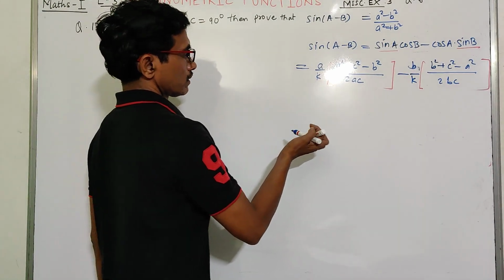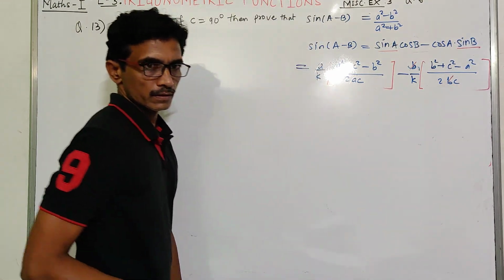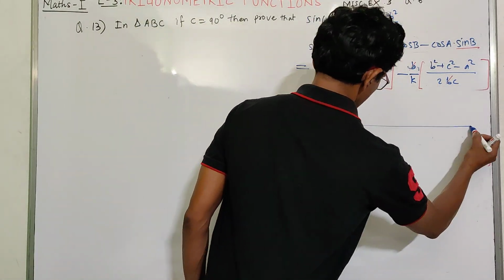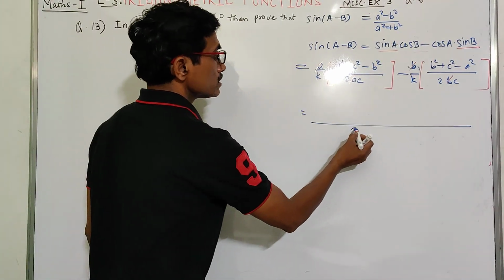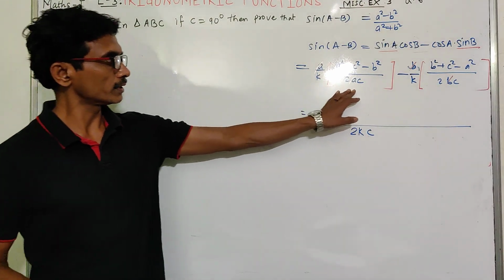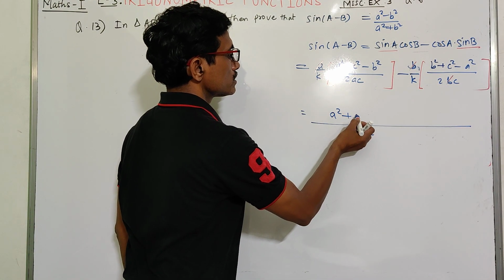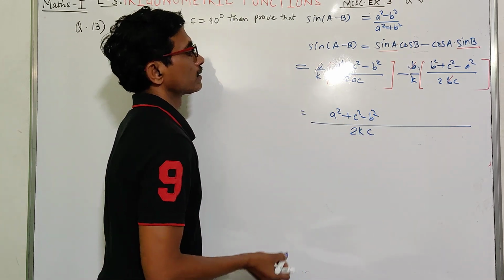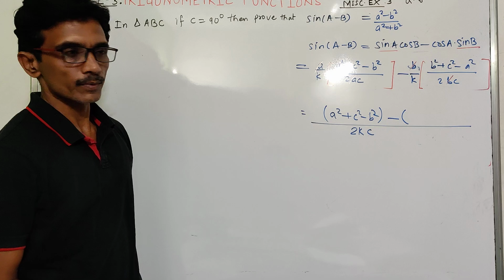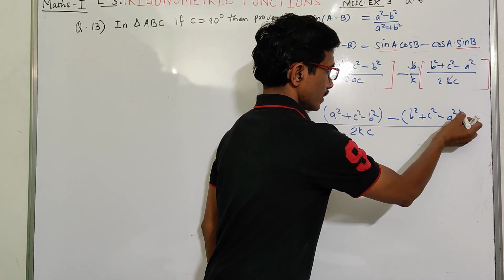Simplify it. Here a is getting cancelled, b is getting cancelled. What is left in the denominator? 2kc is the LCM of the denominator. 2kc, a square plus c square minus b square, minus b square plus c square minus a square.